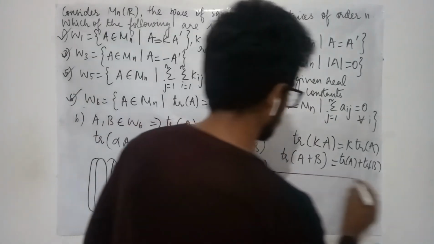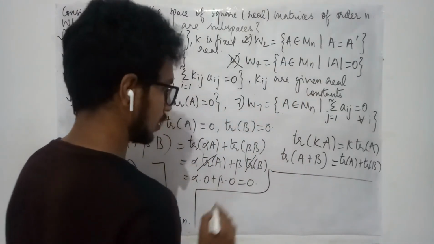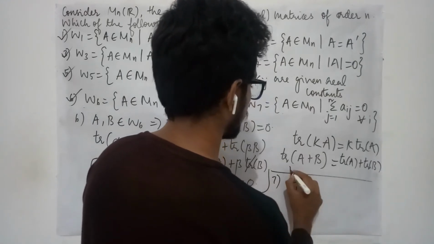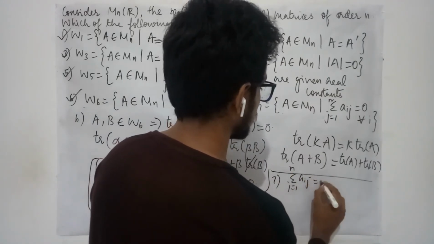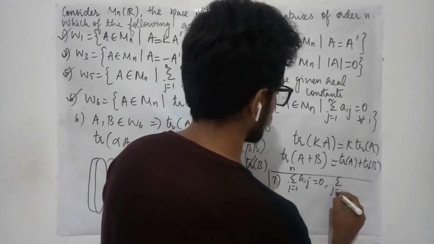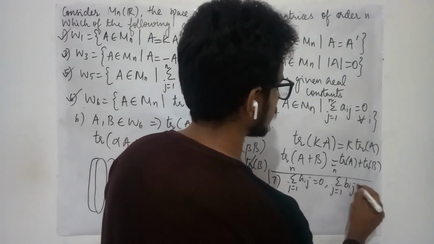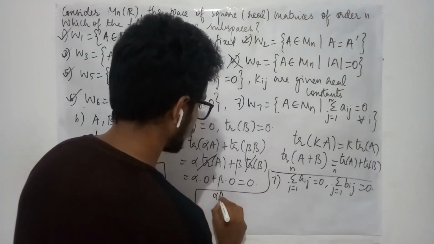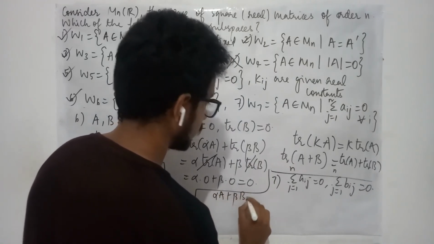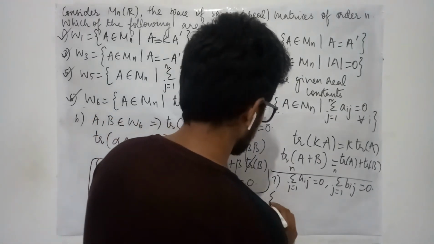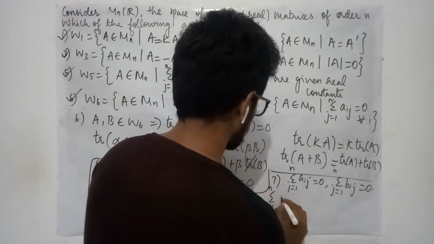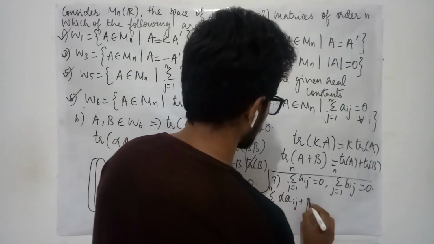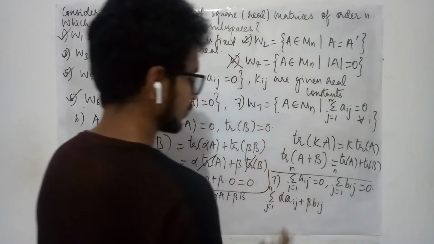For which, let me give a quick outline. So your summation j runs from 1 to n, aij is 0. Similarly, your summation j runs from 1 to n, bij is 0. Right? You will have alpha a plus beta b. You will have to prove what? Summation j runs from 1 to n, alpha times aij plus beta times bij.